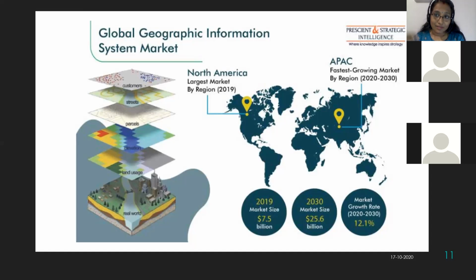They have also predicted that in 2030 it may be $25.6 billion. They are forecasting that it is one of the fastest growing systems in the market nowadays.